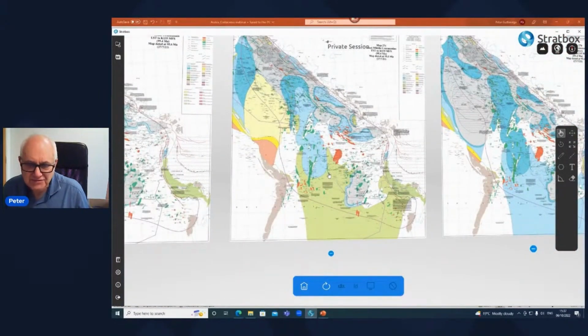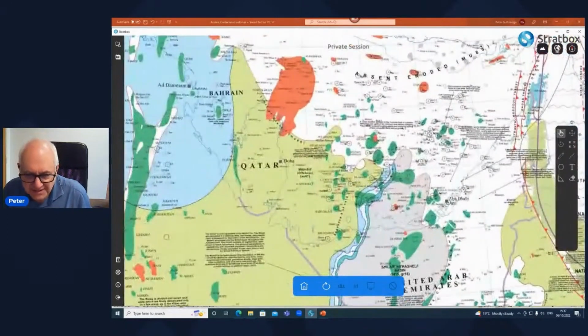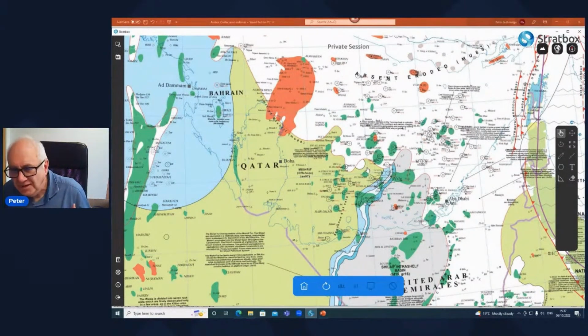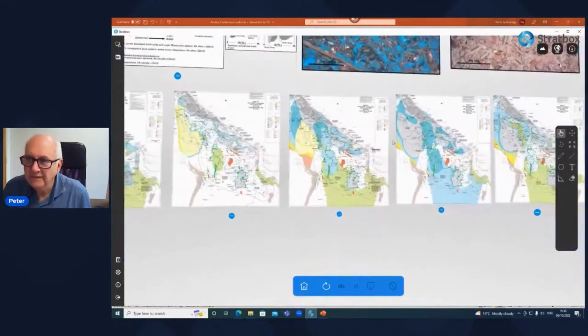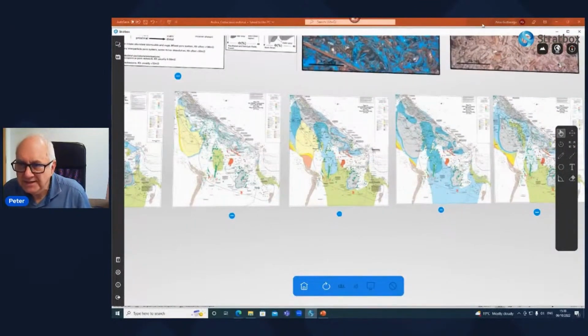You can examine the distribution of the unconformity at different levels on different Cretaceous sequences, and you can see where the facies belts impinge on the unconformity surface, and that will give you an estimation of the diagenetic effects on reservoir quality associated with the unconformity, whether it's detrimental or whether it improves reservoir quality. Okay, let me go back to PowerPoint.